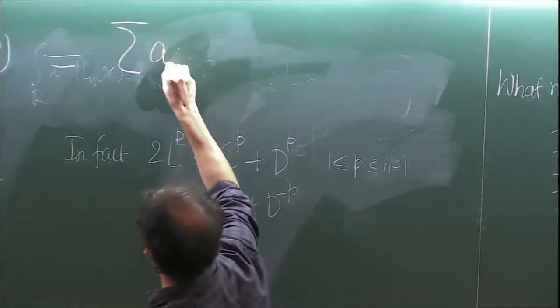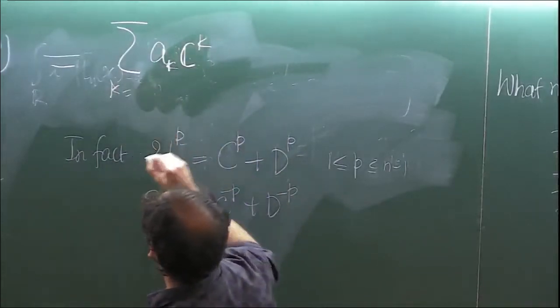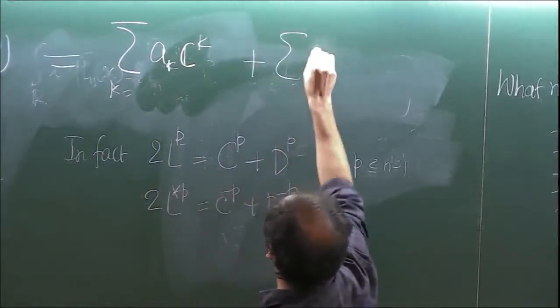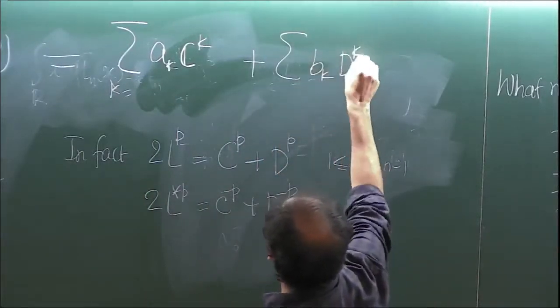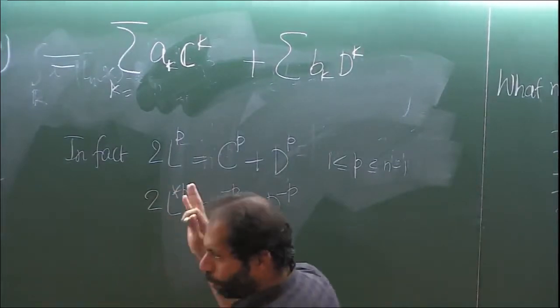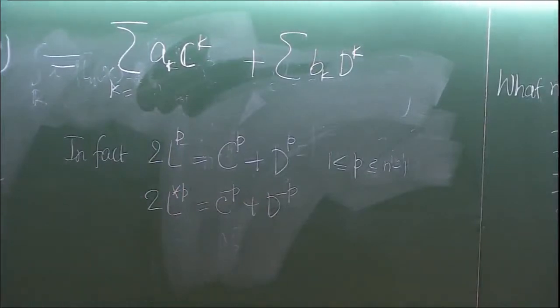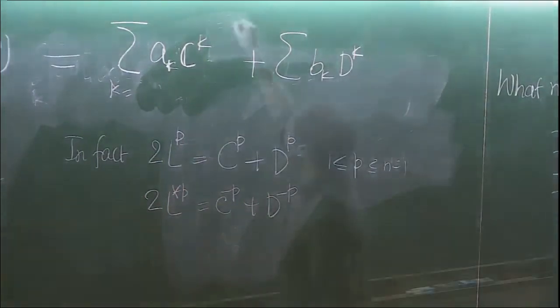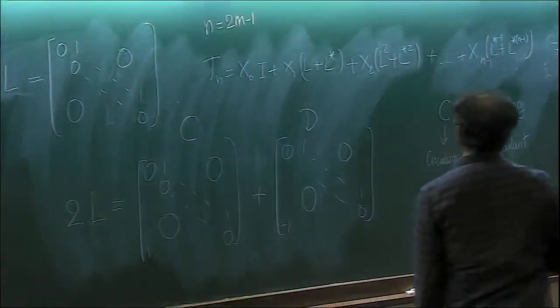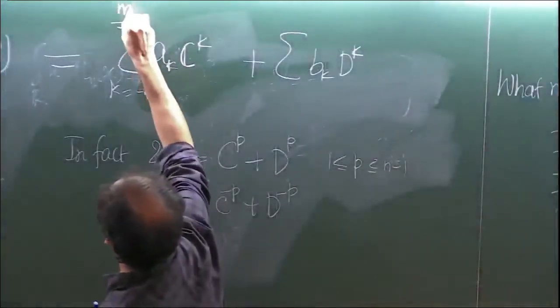So you get something like AK C to the power K, okay, plus some BK D to the power K, where AK and BK are going to be random. They depend on X, yes. K, okay, for strictly speaking, here let me take N to be an odd number, otherwise I had to write other complicated forms. So I'll write minus M plus 1 through M minus 1.